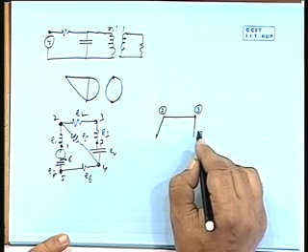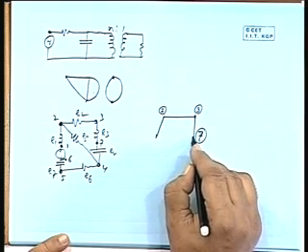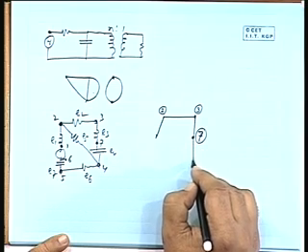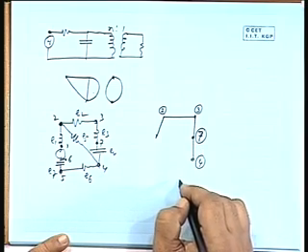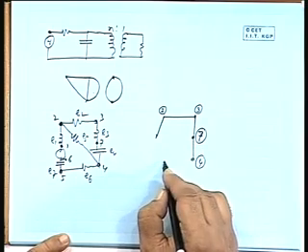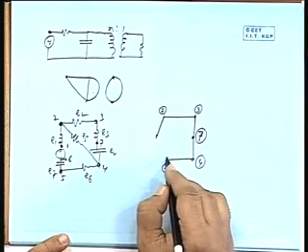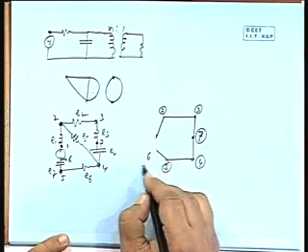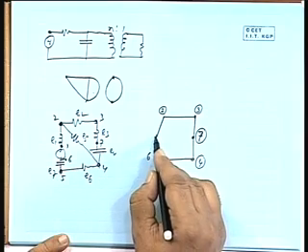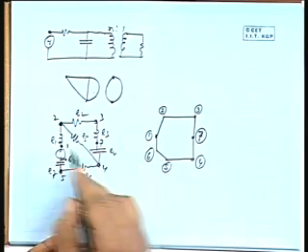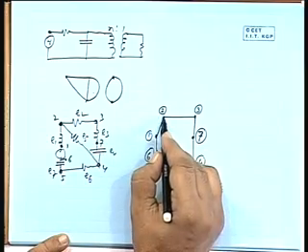So, 3 to 7, 7 to 4, 4 to 5, 5 to 6, 6 to 1, and 2 to 4.